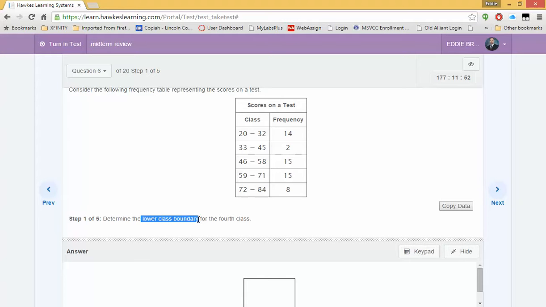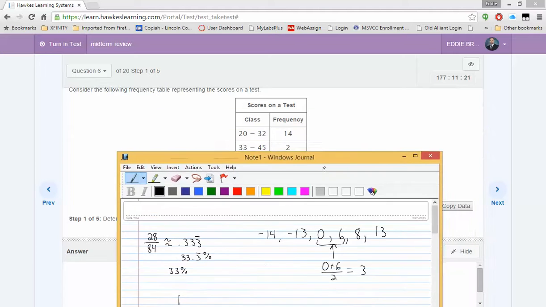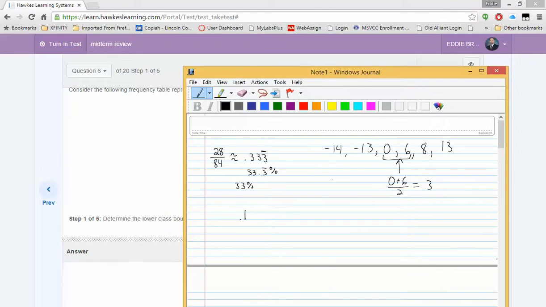Lower class boundary. So how do we get the boundaries? The boundaries are actually the numbers halfway between any consecutive upper and lower class limit. You see what the gap is between any upper and next lower class limit. You can see that's 1 unit. Divide that by 2, so that's 0.5.